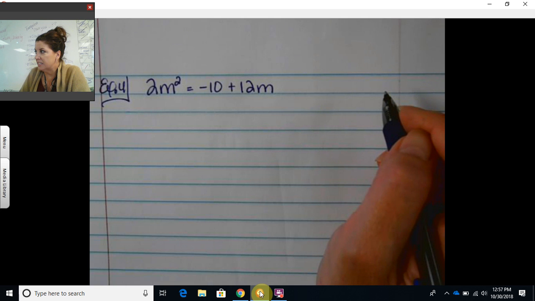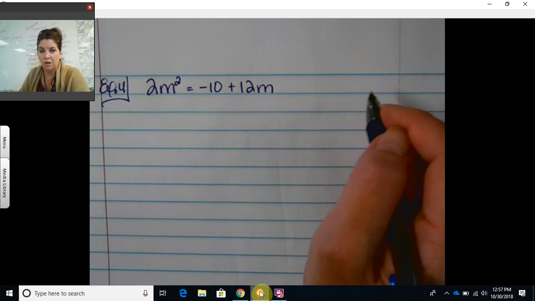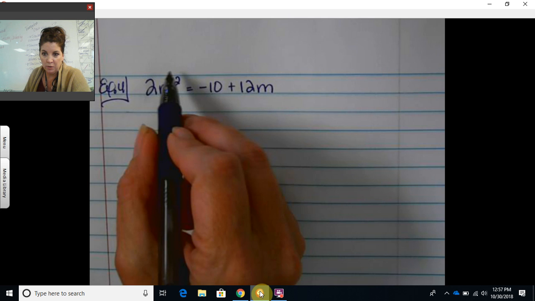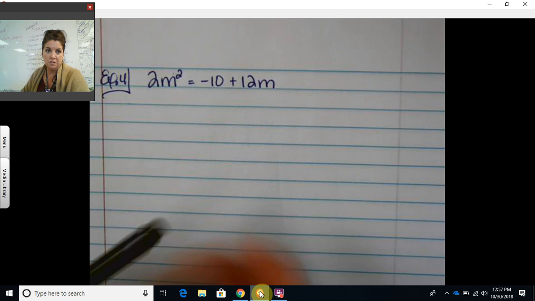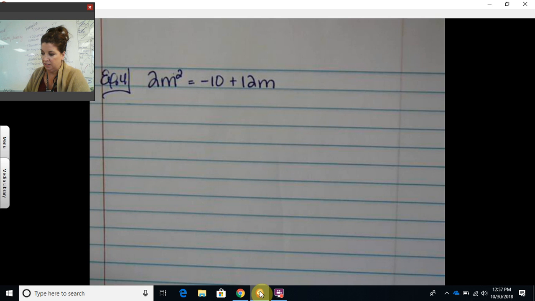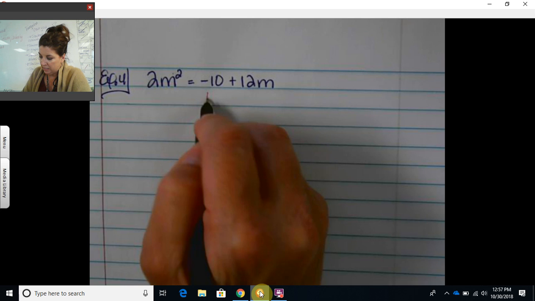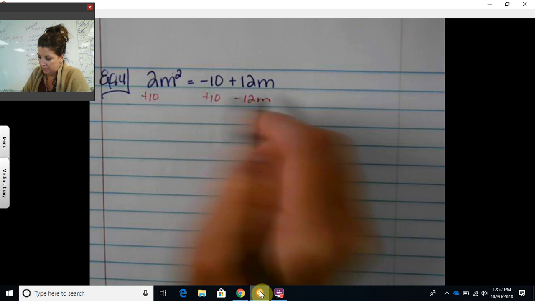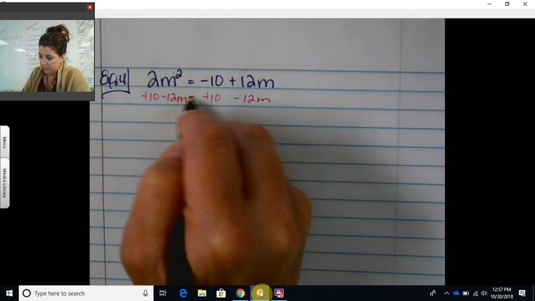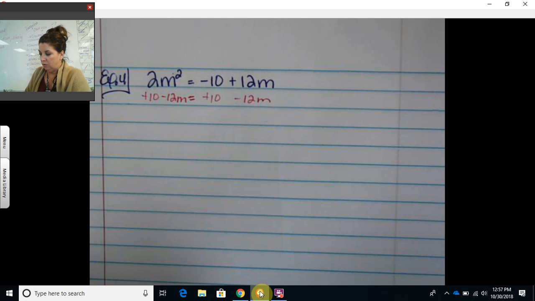Is this set equal to 0 and in standard form? No. My highest degree is 2, and that term's positive. We want to keep it positive. Even though it's easier to move it to the other side, we don't want to do that because we don't want our leading term to be negative, okay? So I'm going to add 10 to both sides, and I'm going to subtract 12m from both sides, so that I wind up with 0 on the right side.